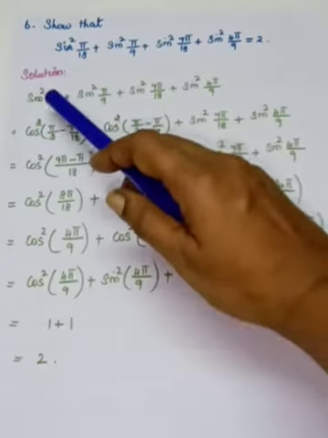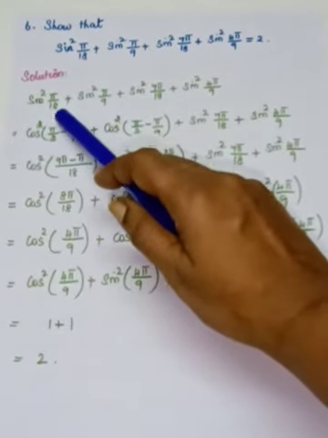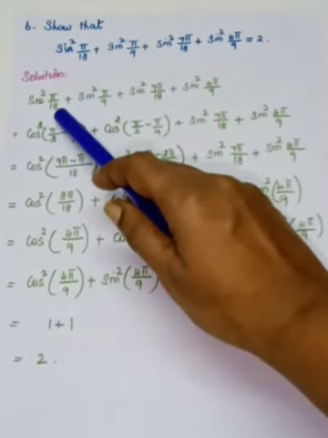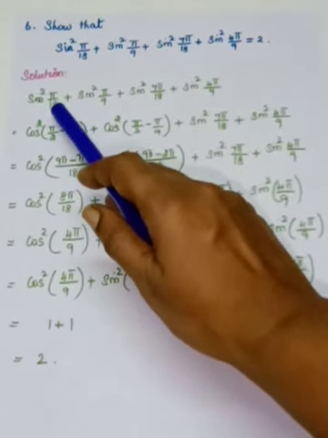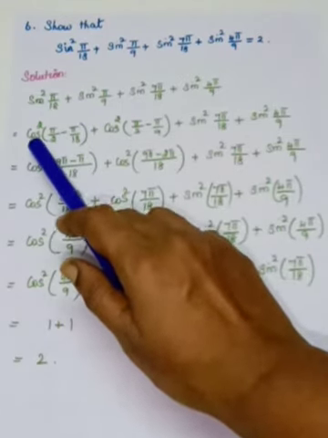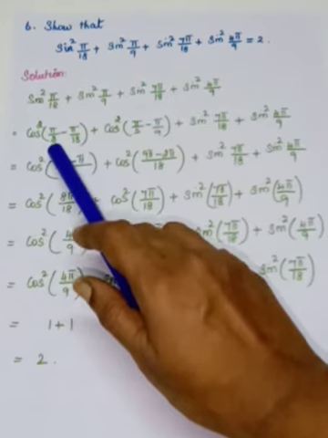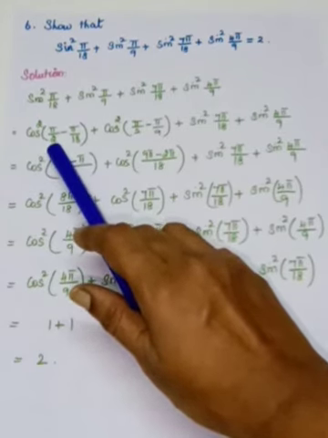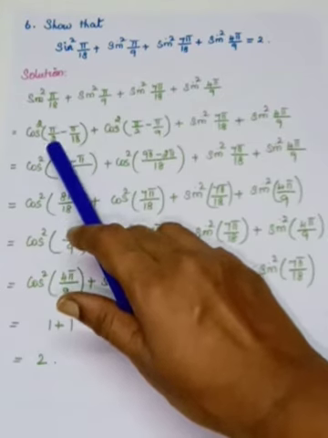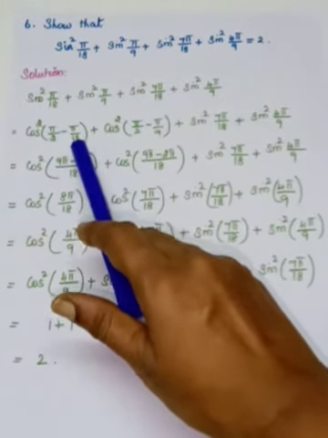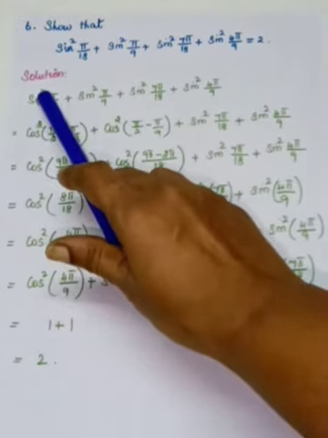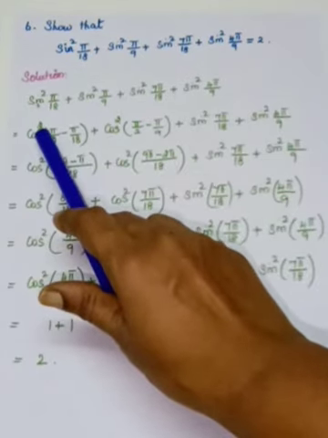So I consider pi by 18 as theta. So sin pi by 18 can be written as cos of 90 degree. Instead of degree I have written in radian. So 90 degree can be written as pi by 2 radian. So pi by 2 minus pi by 18. Here you are having sin squared. So that's why I have written cos squared.